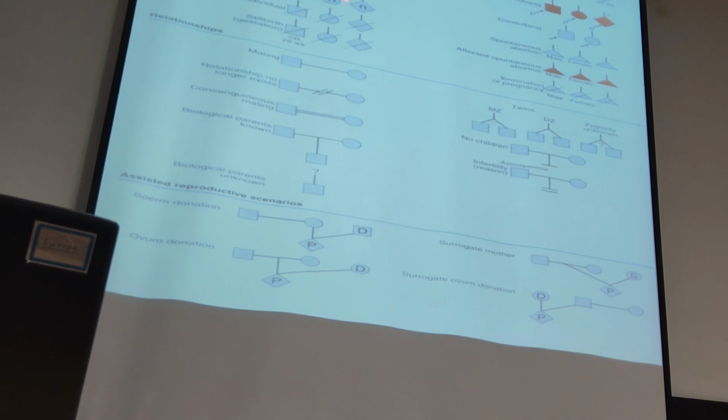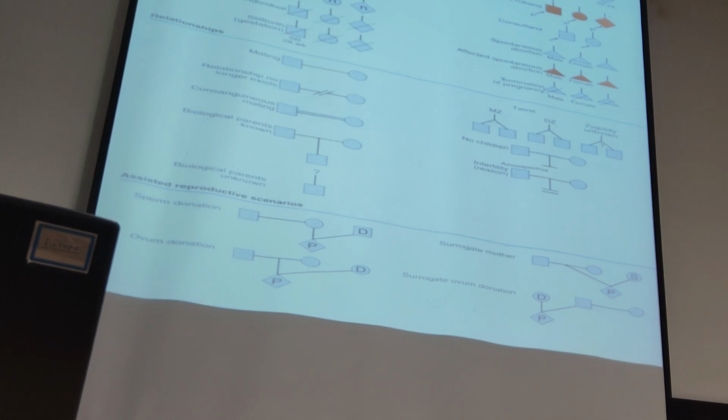If we have a deceased individual, we draw a line across the symbol. If we have stillbirths, we write stillbirth and, for example, 28 weeks of pregnancy.